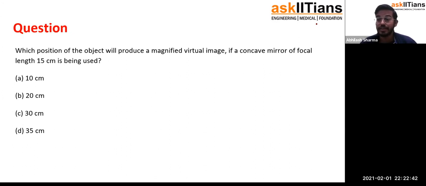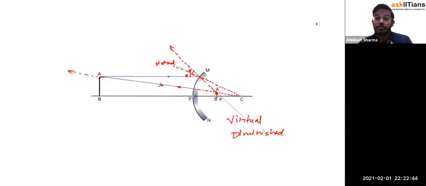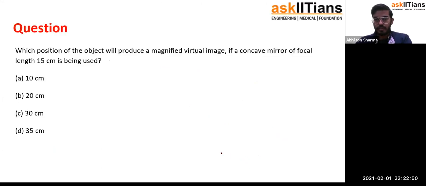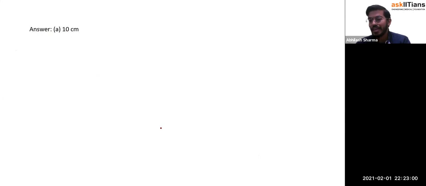Which case was that? When you actually shift the object between pole and focus, remember? So you can just see which distance is lesser than 15, because you want it inside the focal length. So A option. So our answer should be A.